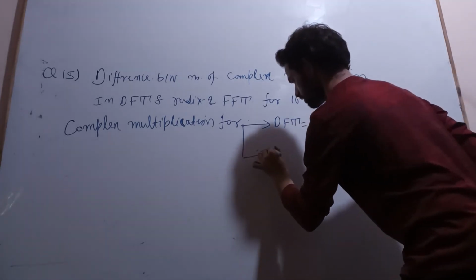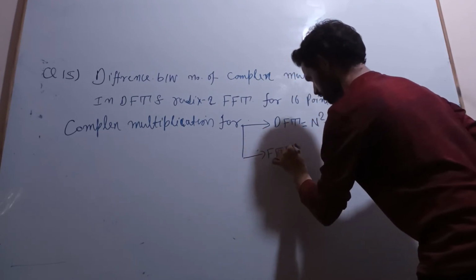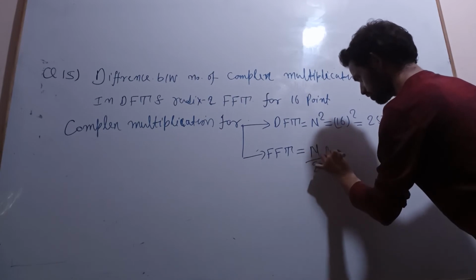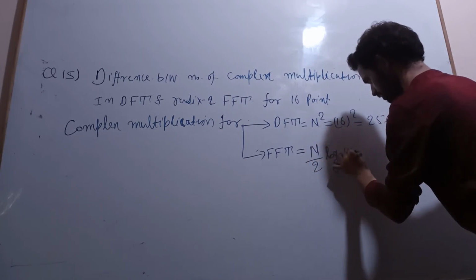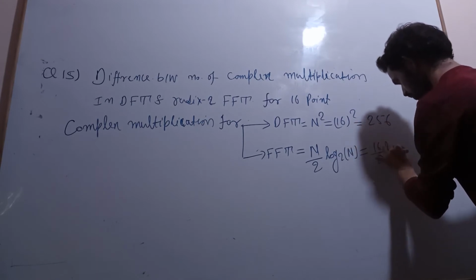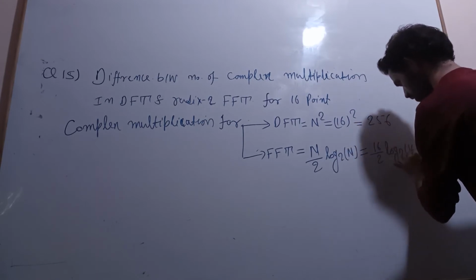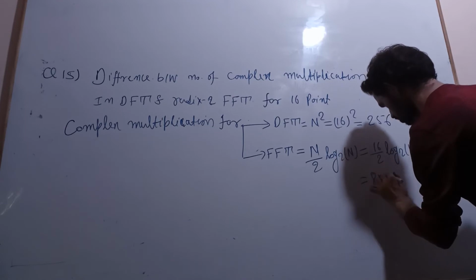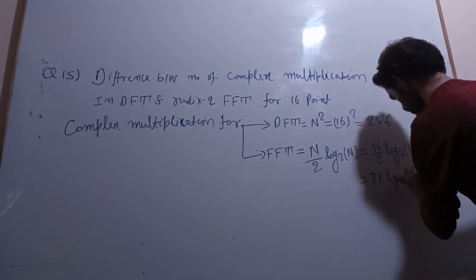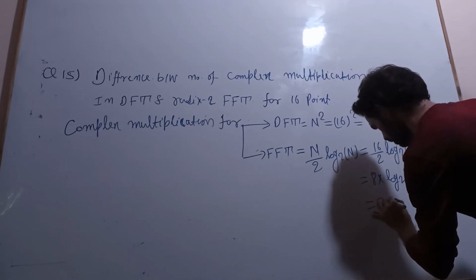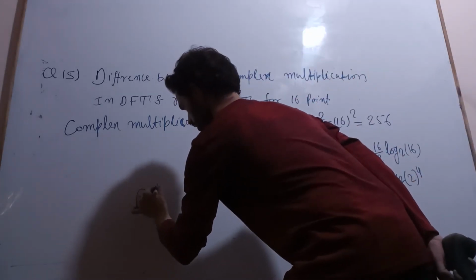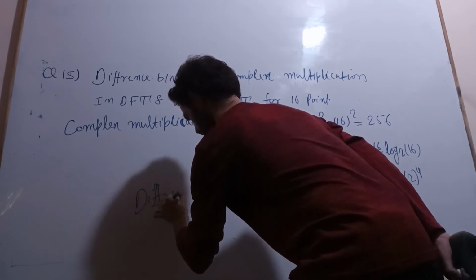Similarly for radix-2 FFT, complex multiplication is n by 2 log base 2 n, which is nothing but 16 by 2 log base 2 16, which is nothing but 8 into log base 2 to the power 4, that is nothing but 32.